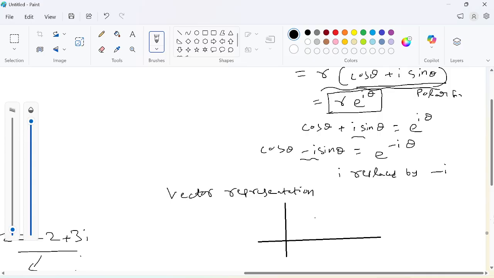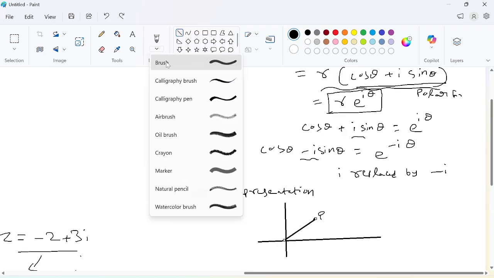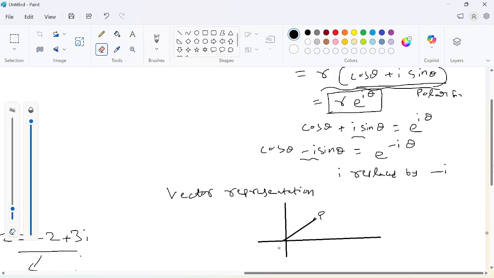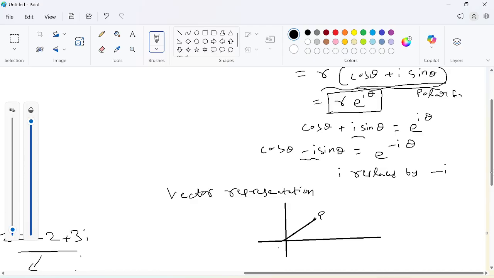So suppose you have a complex number like this, P. So this is one complex number. So I can just say position vector. So this is your O. So OP represents the position vector.